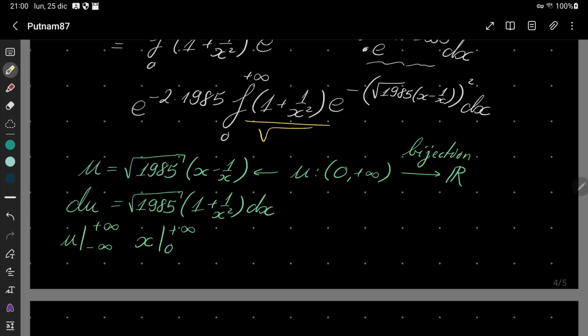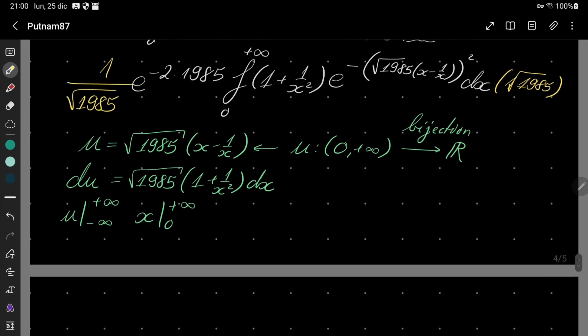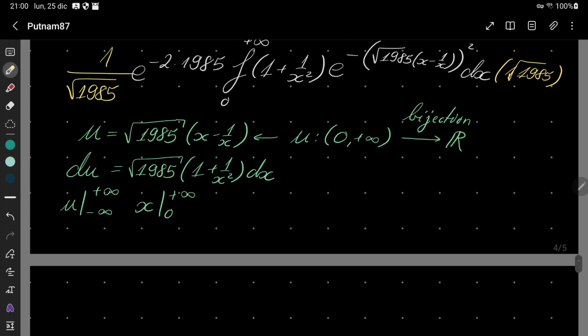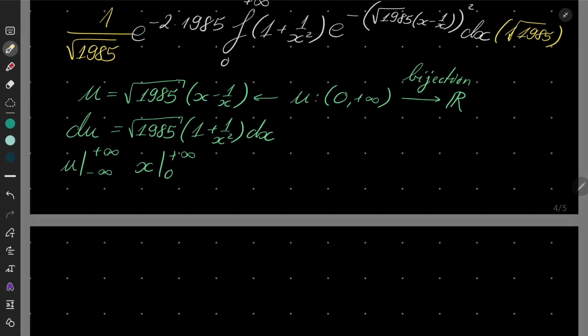I will, in fact, multiply by the square root, and I will here divide by the same square root. And now, what happens? Now, we have the following.